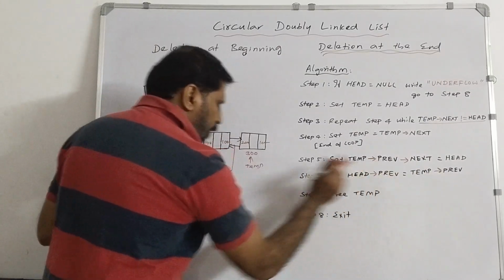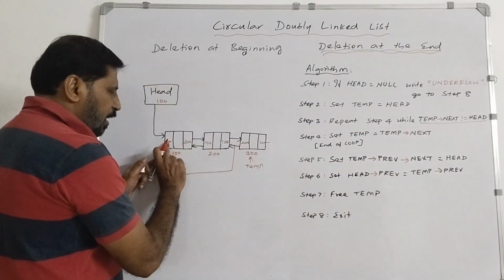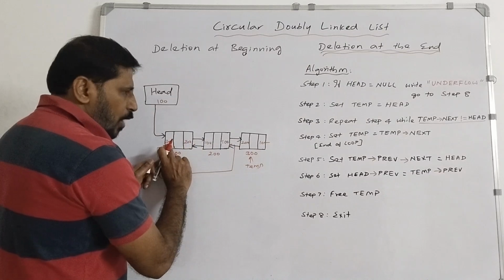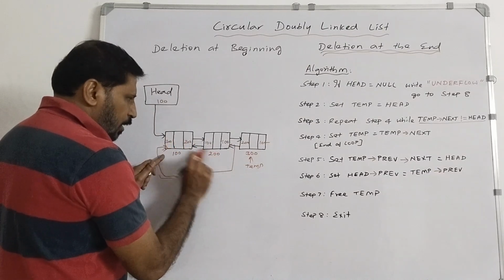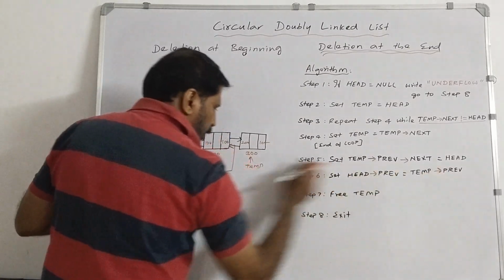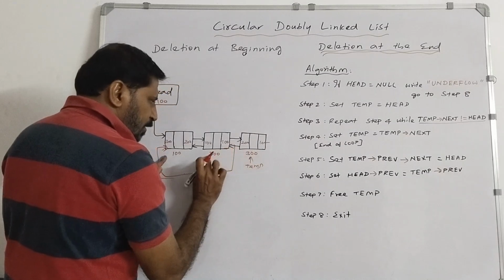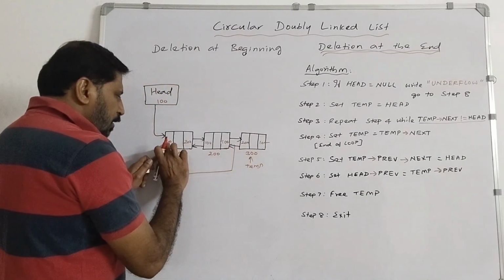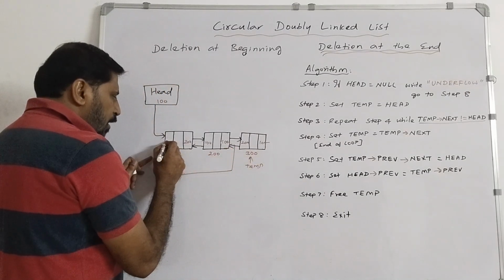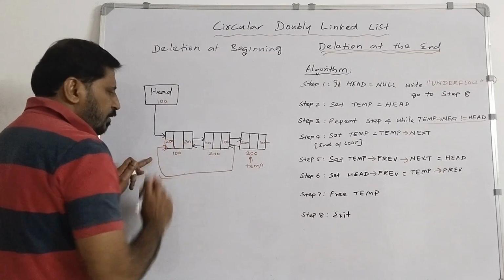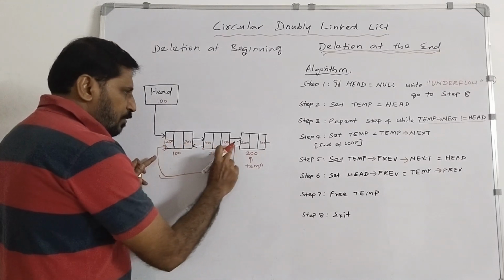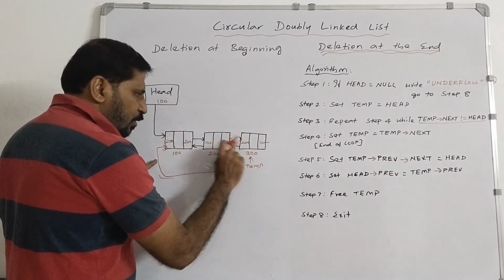What is head previous? Head previous is this 300. Now I am going to change it to 200, because temp previous is 200. So instead of 300, I make this 200.